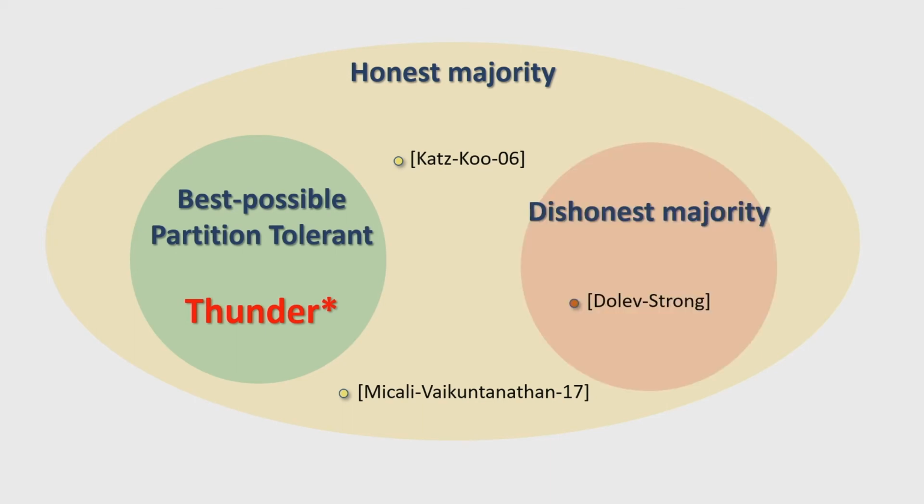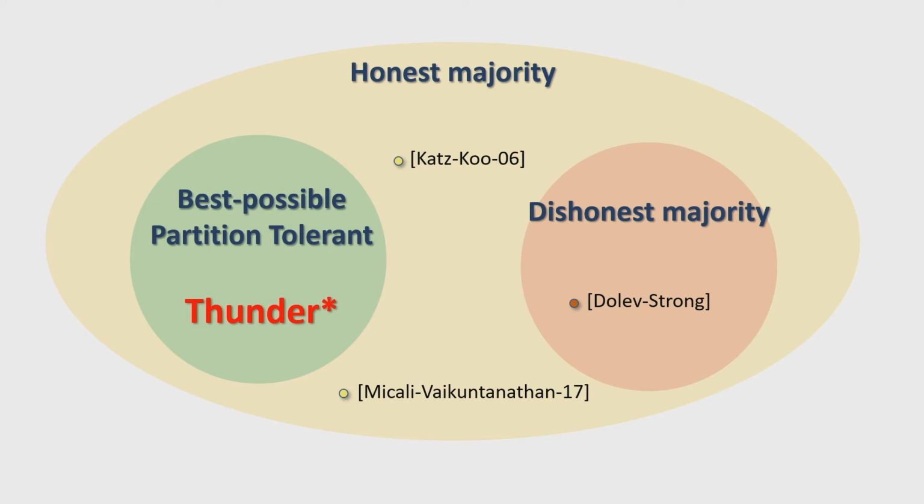And the second point is that the traditional synchrony notion is somehow misleading, because in a classical synchronous network, we tend to think that if a protocol tolerates dishonest majority, it is more robust than a protocol that only tolerates honest majority. Like the more corruption you tolerate, the more robust you are.